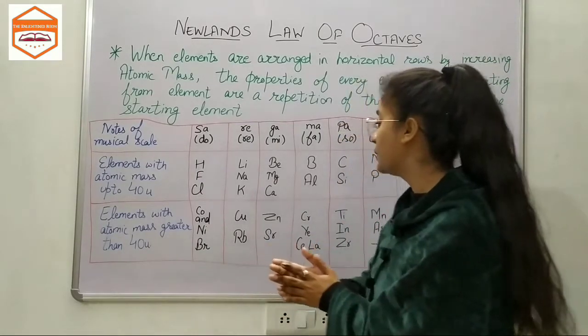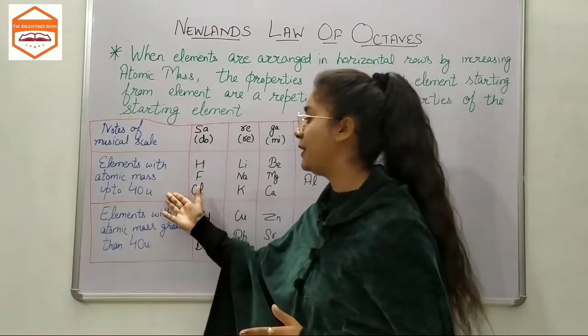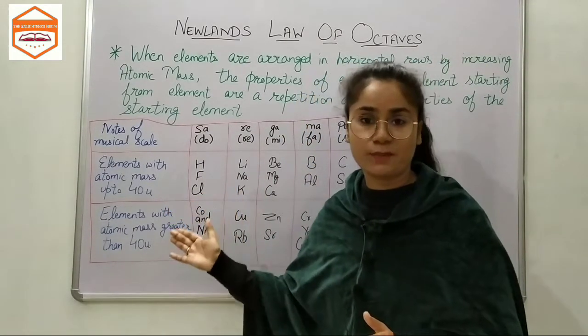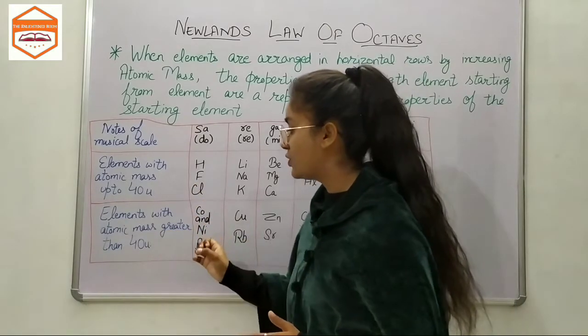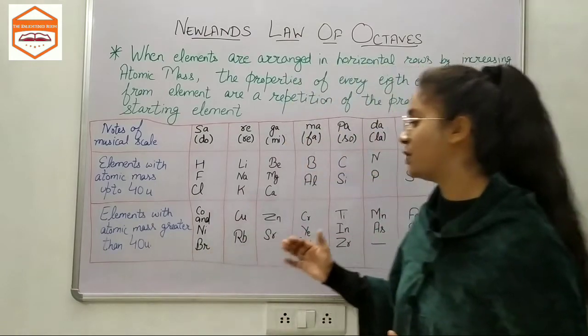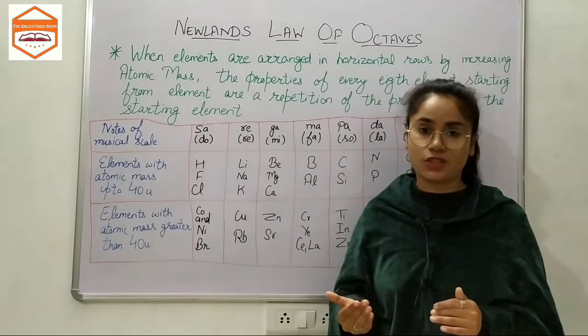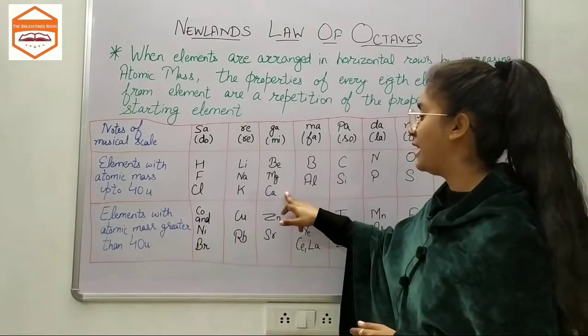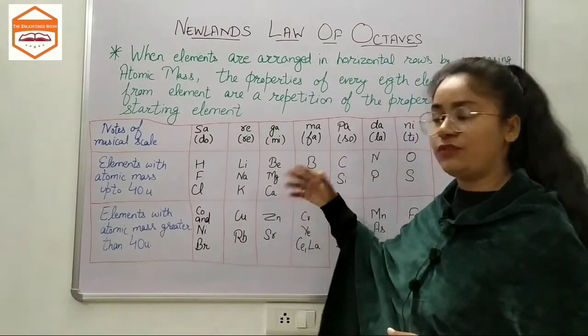But this is only applicable for the elements whose atomic mass is up to 40 atomic mass units. It is not so applicable for elements whose atomic mass is greater than 40, so you can say it is only applicable up to calcium. So this is one of its limitations.